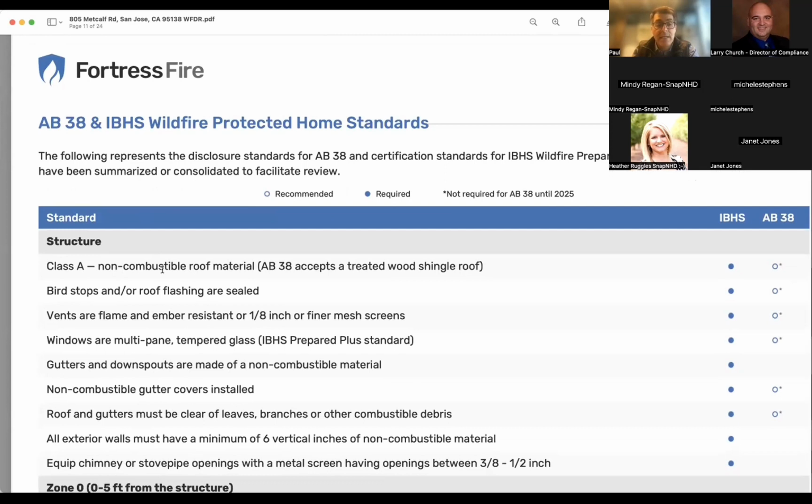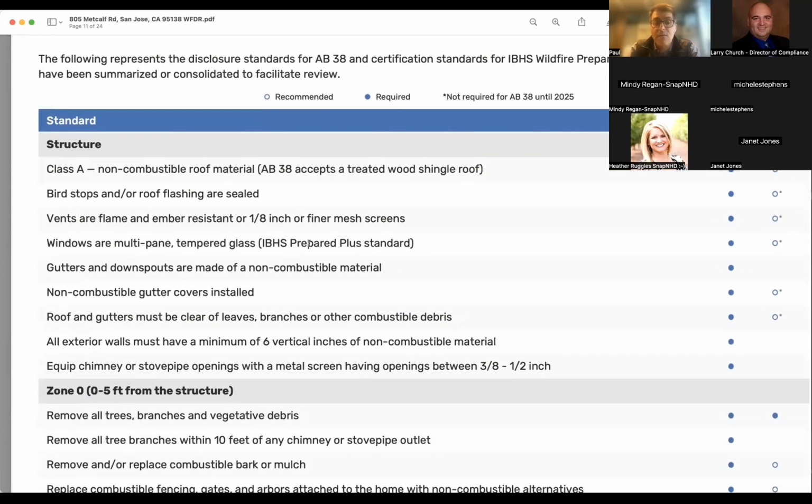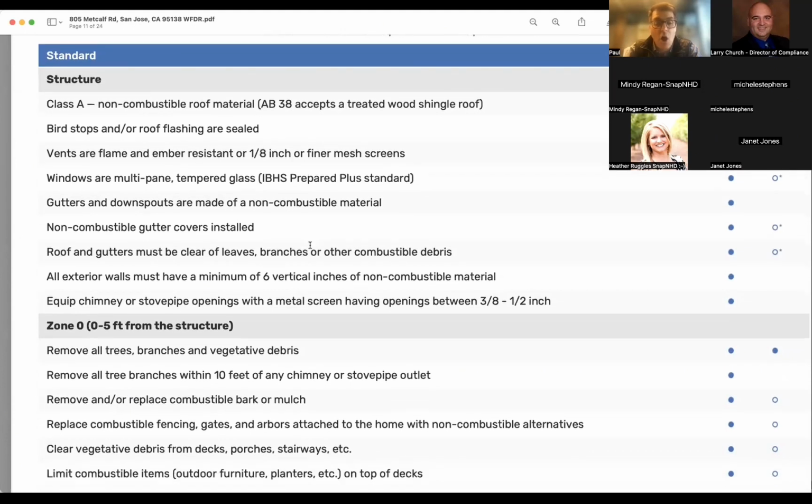So the idea is that you look at these standards, and if you can meet the IBHS standard, then you will be lined up with the discounts that the California Commissioner of Insurance has required carriers to offer. So this gives you a very clear understanding of what those specific elements are.